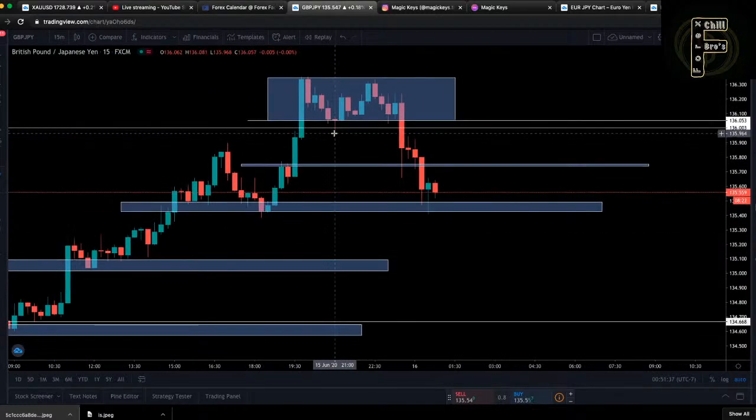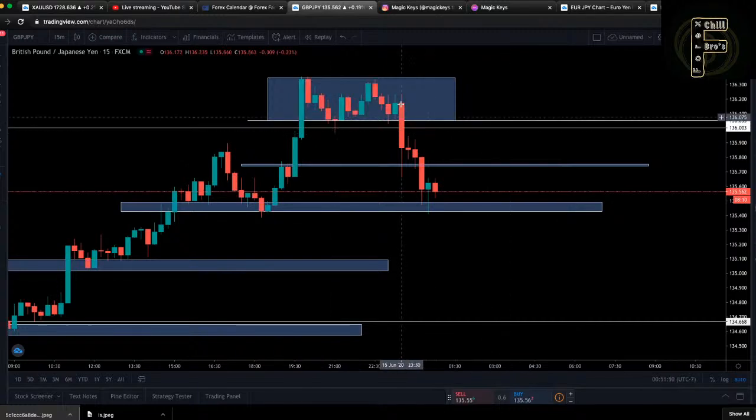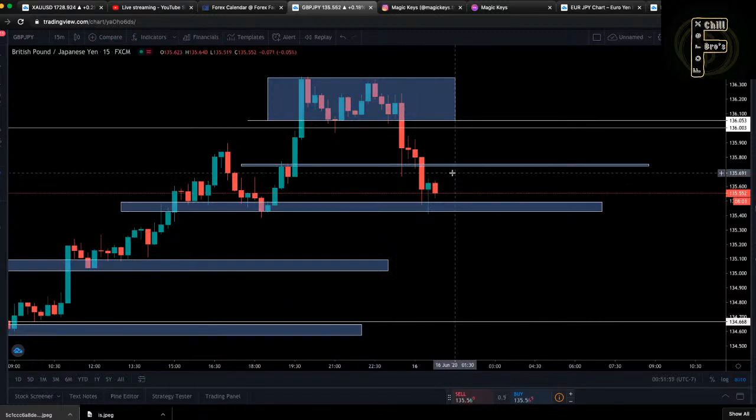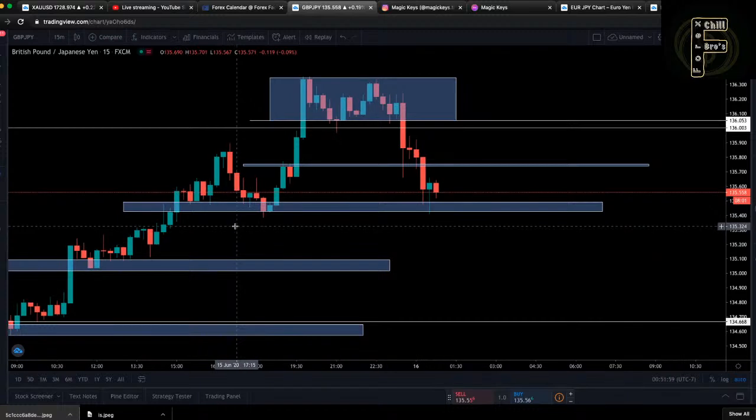You see how we planned out our ideas and take trades? You don't rush. This move was just a pre-London move. The actual London move hasn't happened yet, so you can still plan ideas and still take trades.